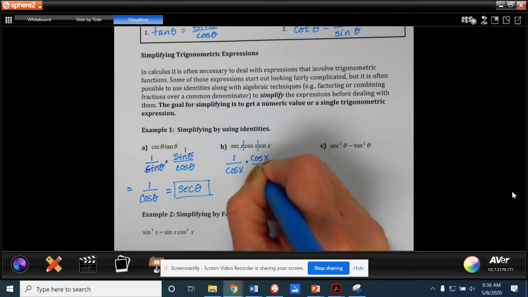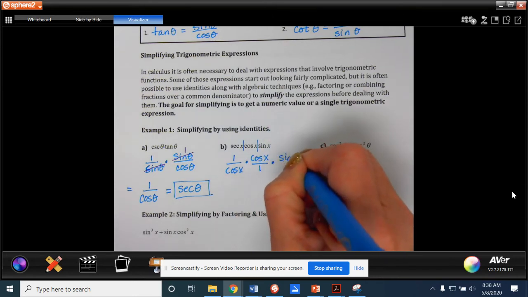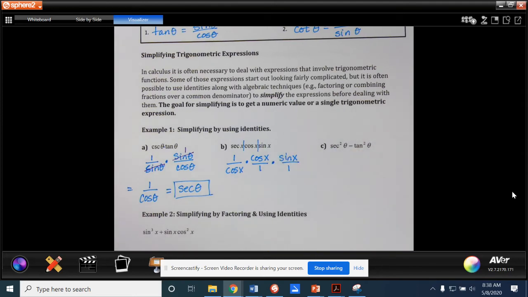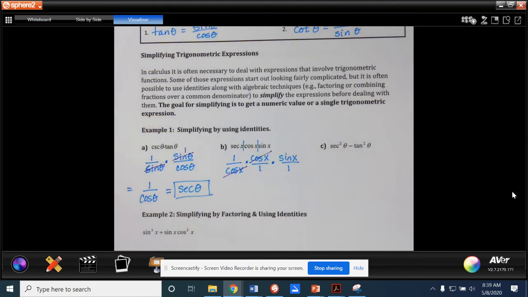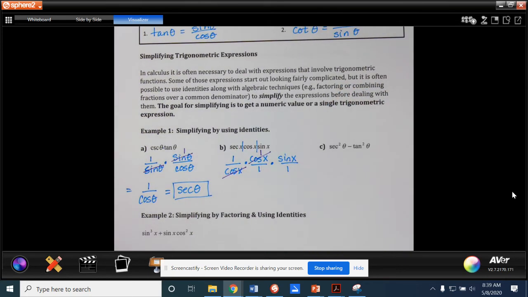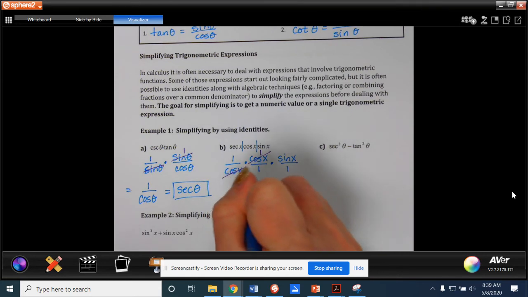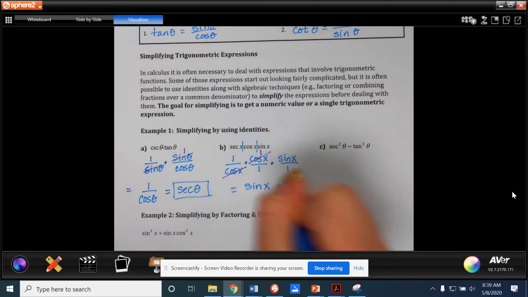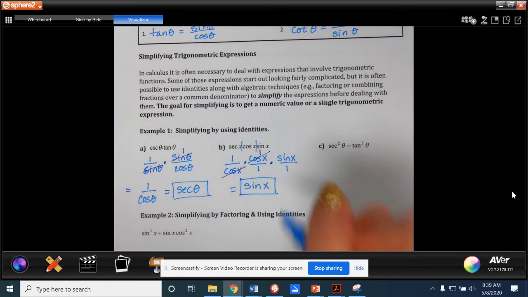That's the same as saying it's over 1 times sine x over 1. Okay, well, you can see that I have in the numerator cosine x, in the denominator cosine x. Anything divided by itself is 1. Straight across, I have 1 times sine x. That gives me sine x, and over 1 times 1, which is 1. So I don't have to put that because sine x divided by 1 is just sine x.